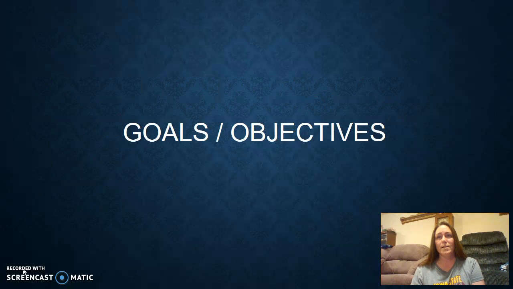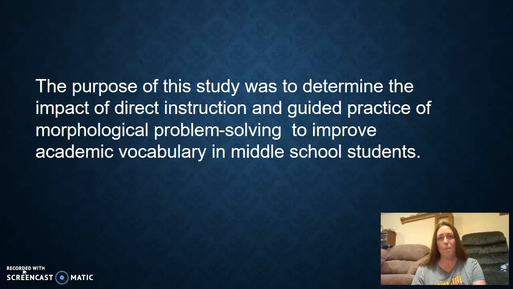A study conducted by Carlisle in 2000 suggests that more studies need to be completed to determine what successful components of morphological problem solving are to be used in interventions.